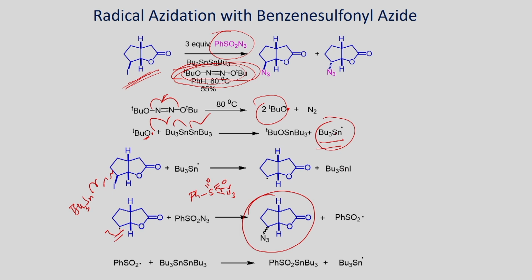You form the tributyl tin radical. Once you form this one, it can readily react with this carbon iodine bond, which can undergo homolytic cleavage to give the radical. This radical can react with this sulfonyl azide to give this alkyl azide as the product.